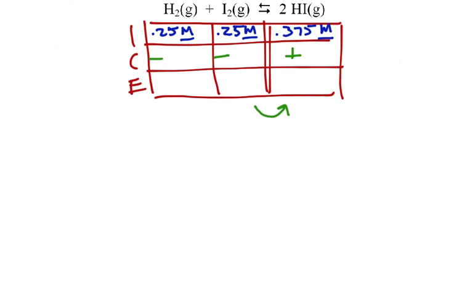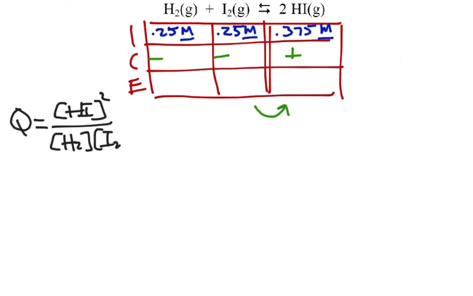So we have to figure out whether it shifts to the right or to the left, and that's where we get a whole new concept called Q. Q means test quotient, by the way. It's exactly the same setup as our K. So I would say the concentration of HI squared over the concentration of H2 and the concentration of I2.